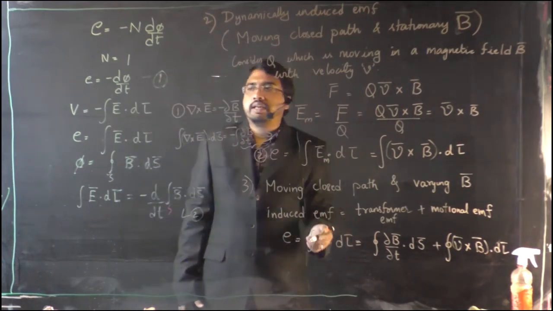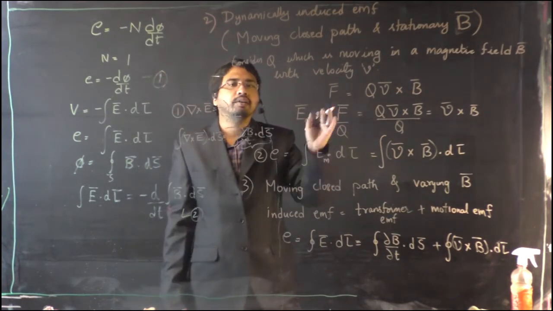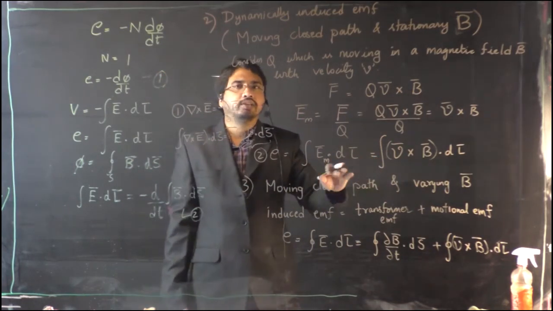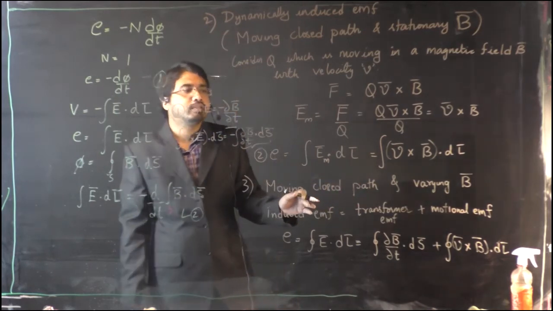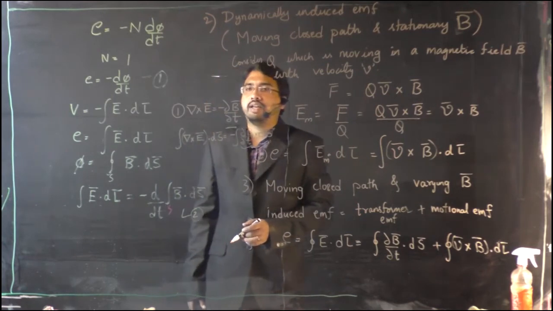So these are the three cases: statically induced EMF, dynamically induced EMF, and the third one is a combination of both, representations of Faraday's law of electromagnetic induction. And these equations are very, very important.